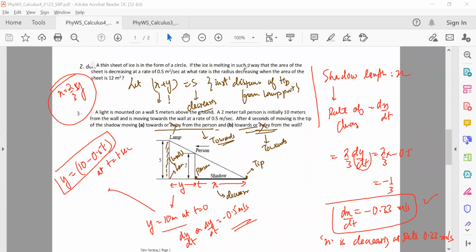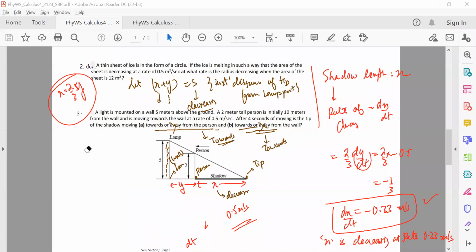Yes. Okay, now similarly, we want to find the rate at which the tip is coming towards the wall. So we make use of the distance of the tip from the wall.